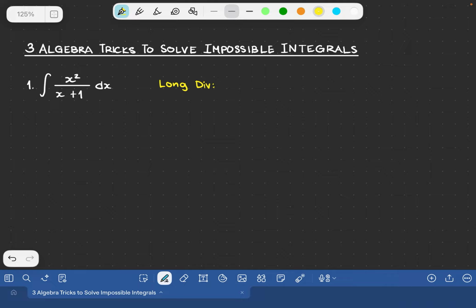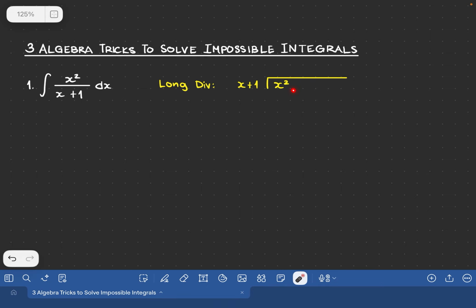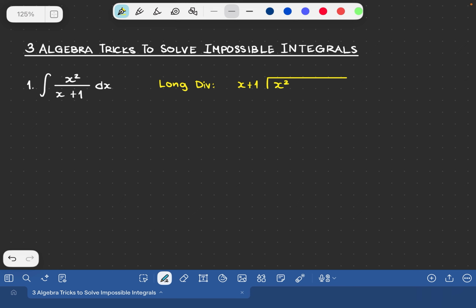we'll have here the divisor x plus 1, and here goes the dividend, x squared. In long division, the tip is that if there are missing variables of lower degrees, like here x squared, where x is missing and the constant part is missing, we just add plus 0x and plus 0.